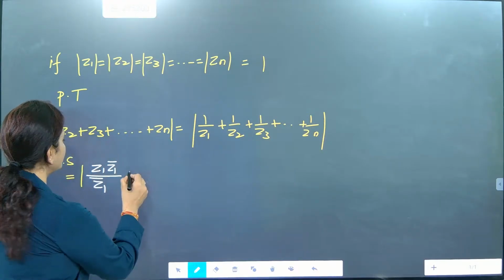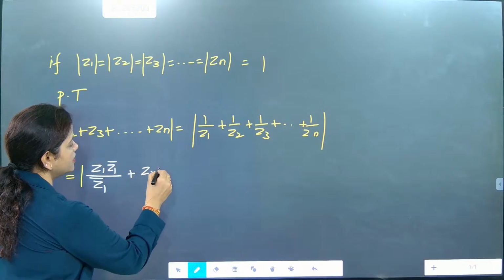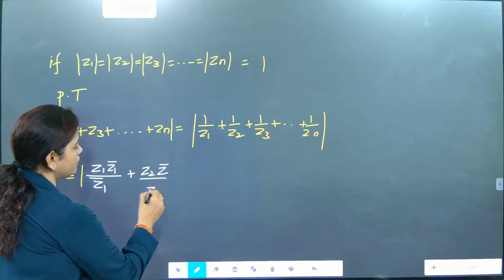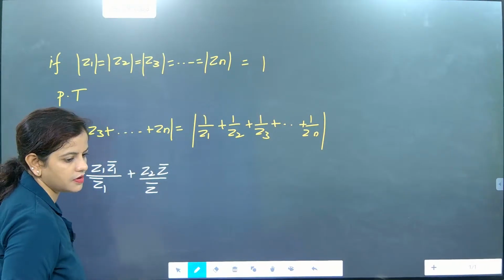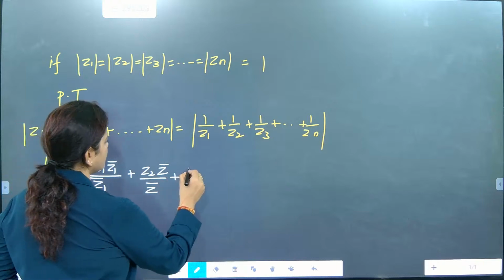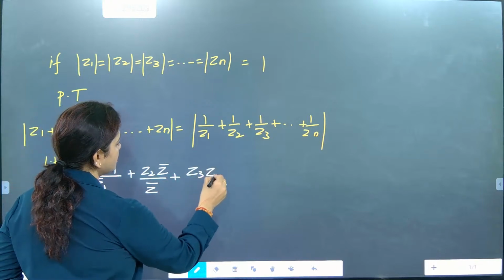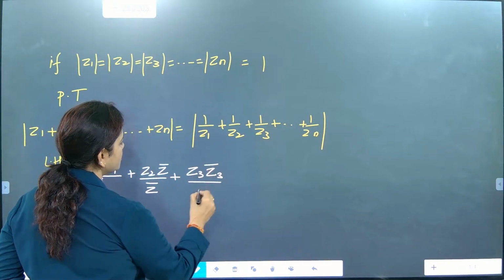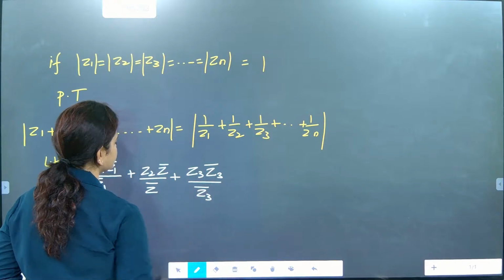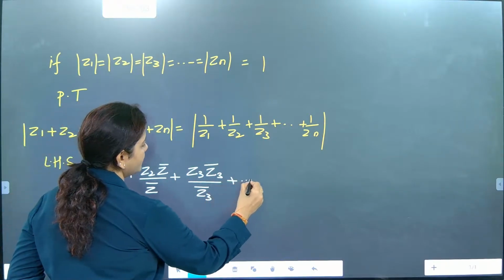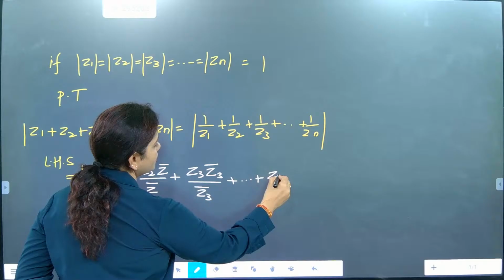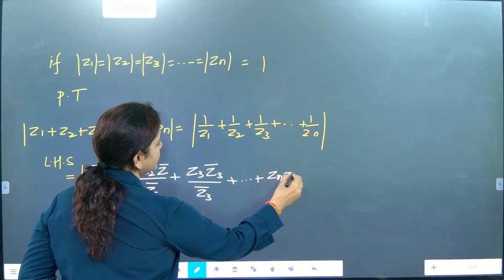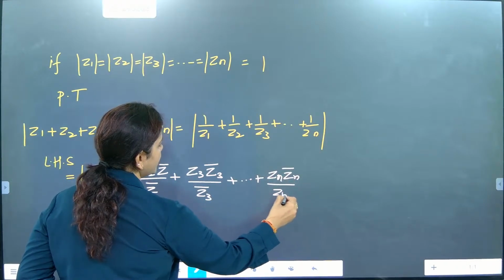Okay. Now Z2 is there. In that again I applied its conjugate. Got it? Now Z3 is there. I have to apply the conjugate of Z3. In the same way, we will proceed and it will become Zn conjugate by Zn conjugate.